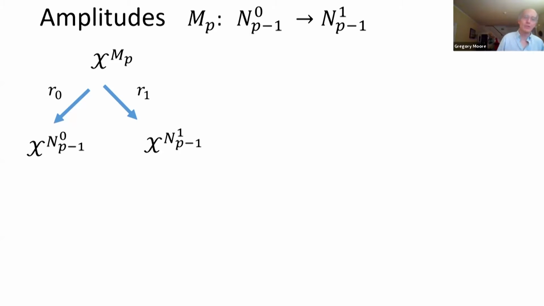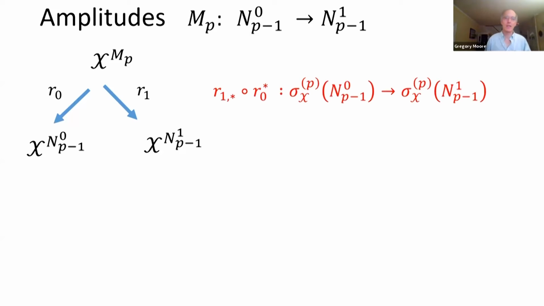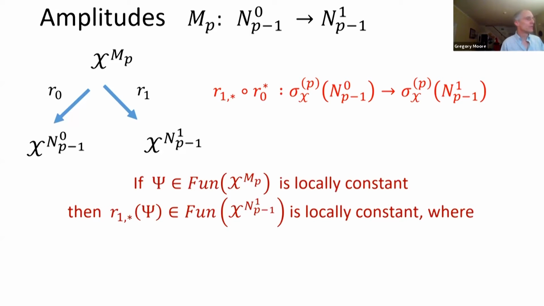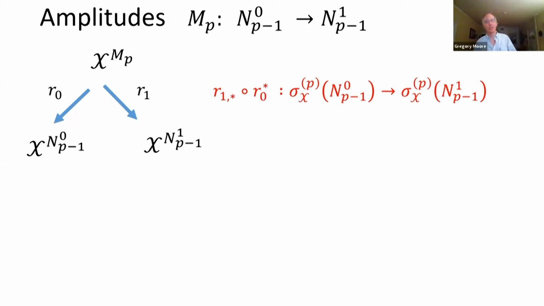And so that gives you maps R0 and R1, defining a correspondence like this. So our idea is we'll define the linear transformation on mapping spaces by a pullback and push forward construction. The pullback and push forward on functions, on the connected, locally constant functions.